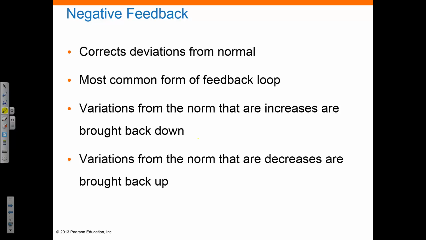Negative feedback corrects deviation outside of the normal range by bringing about a response that opposes the original stimulus. Variations from the norm that are increases are brought back down to normal levels, and vice versa. Negative feedback is the most common type of feedback mechanism in the human body.